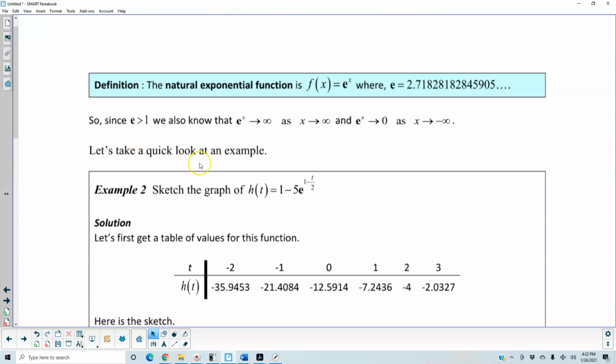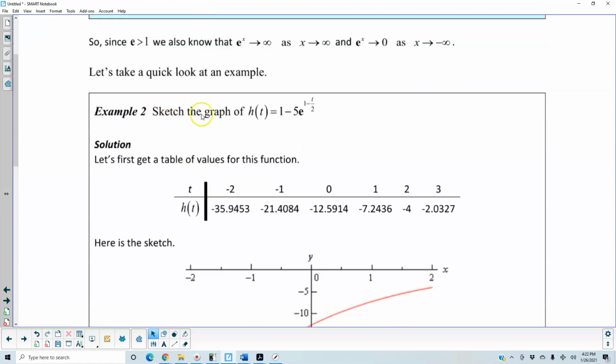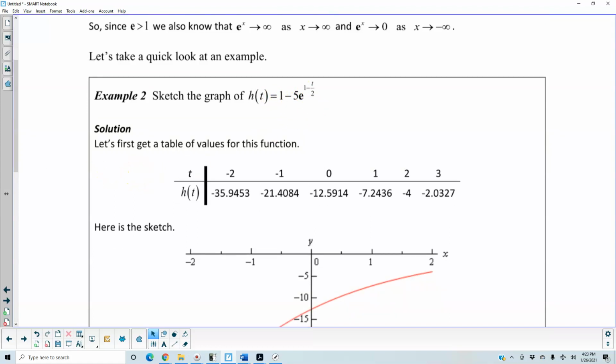So let's take a quick look at an example. Here we want to sketch the graph of h of t, which is equal to 1 minus 5e to the power of 1 minus t over 2. So let's first get a table of values for this function. We're going to let t go from negative 2 all the way to 3, and then we plug it into our function. The output when t is negative 2 is negative 35.9453.